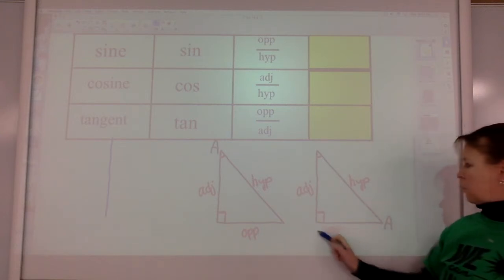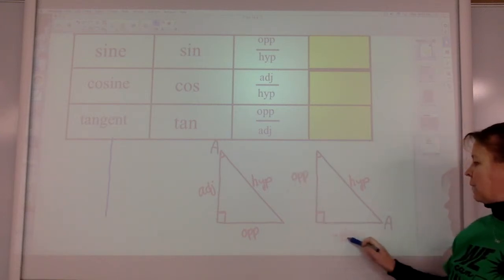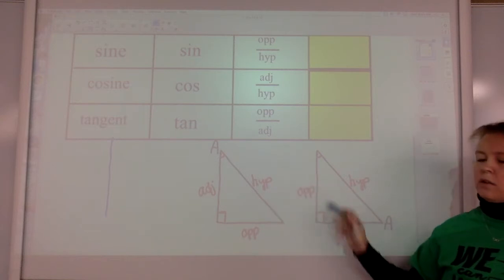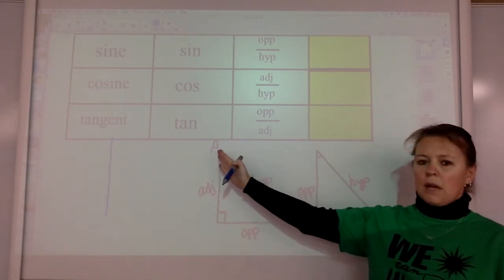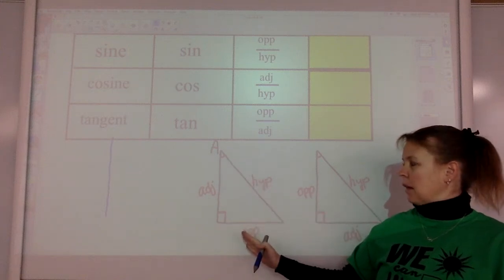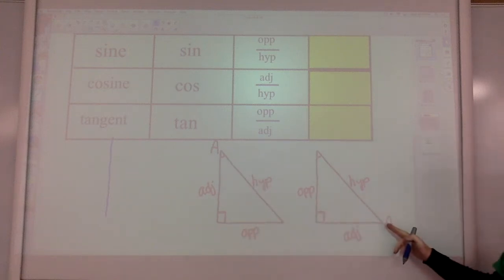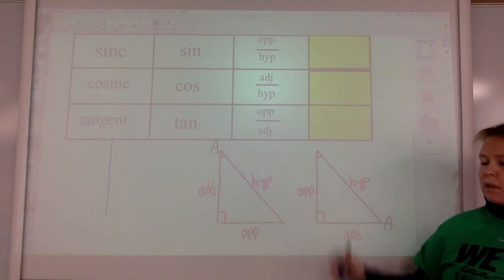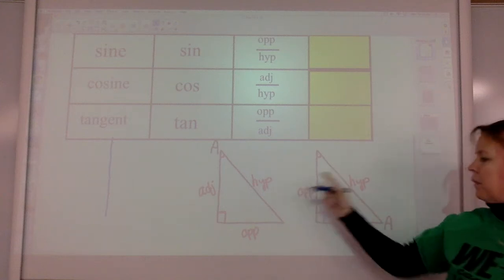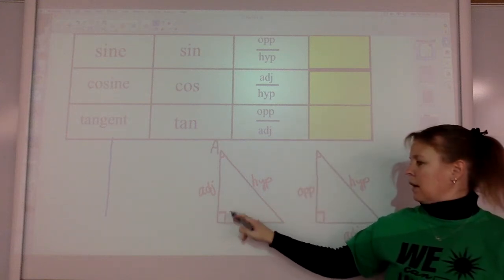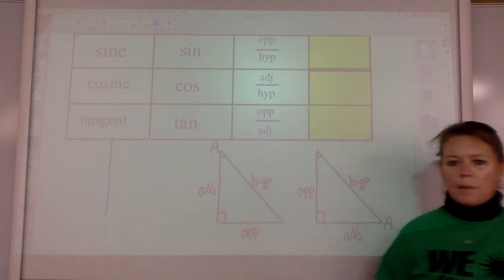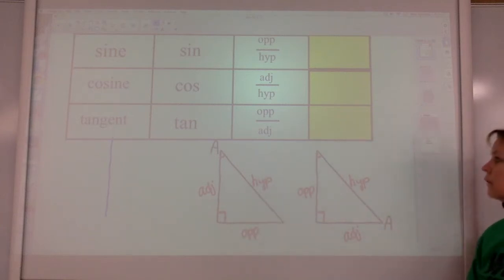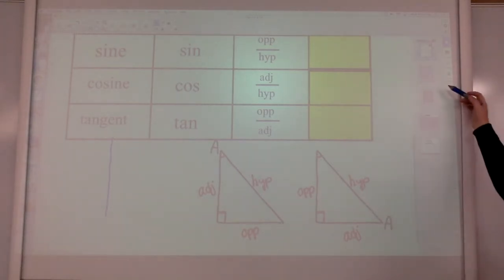So we have to switch places with the opposite and adjacent. So go ahead and draw both of those triangles so that you know if you're working with this acute angle, it's opposite down here. But if you're working with this acute angle, it's opposite over there. And we only work with the acute angles. The opposite of the 90-degree angle, of course, is always the hypotenuse. Draw that triangle. We'll come back to this chart in a moment.